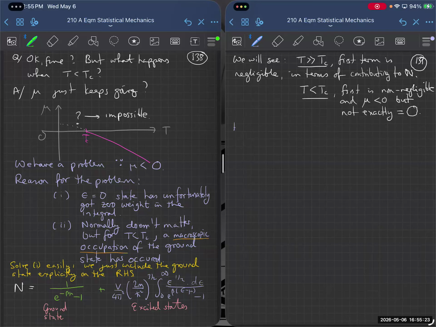So how does this guess work? The way this guess works is the following.